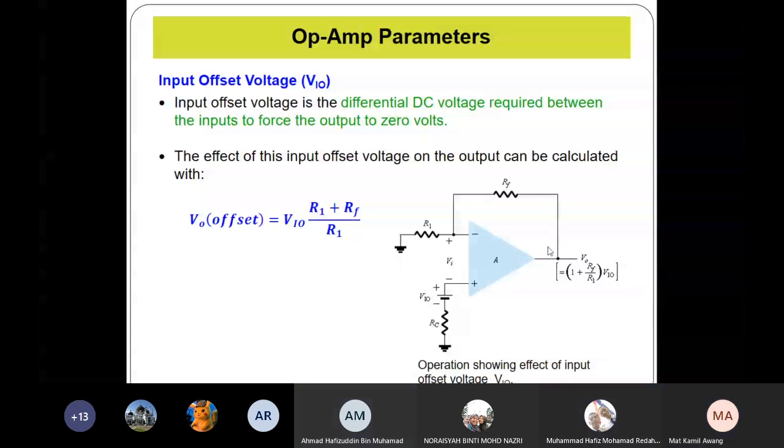The effect of this input offset voltage on the output can be calculated by using this formula. V out offset is equal to V input offset multiplied by R1 plus RF divided by R1. So this is the formula.